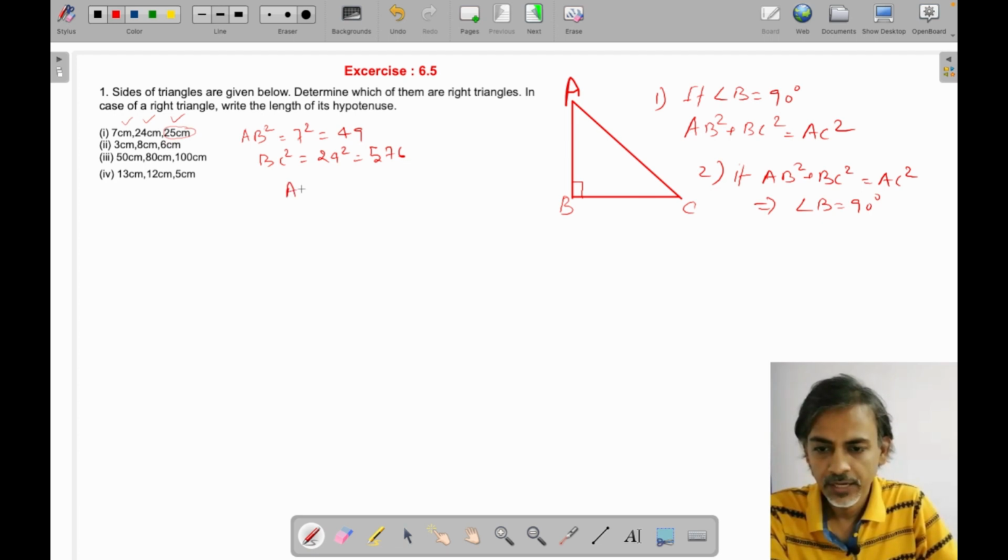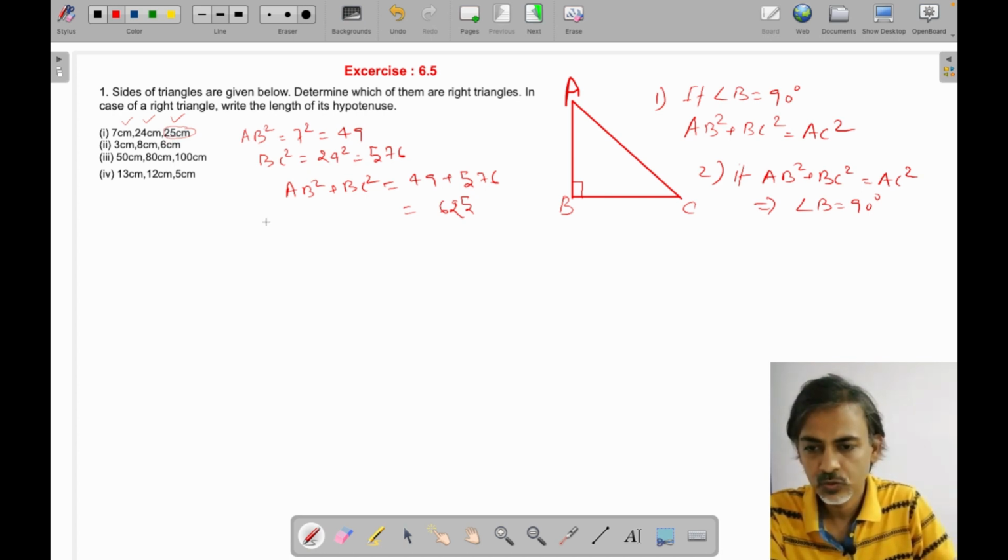Now, when you add AB square plus BC square, it will be 49 plus 576, which is nothing but 625. And when you calculate this 25 square, and we'll call it AC square, then it will be 25 square, which is nothing but 625.